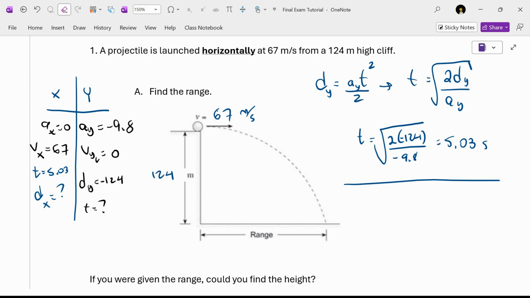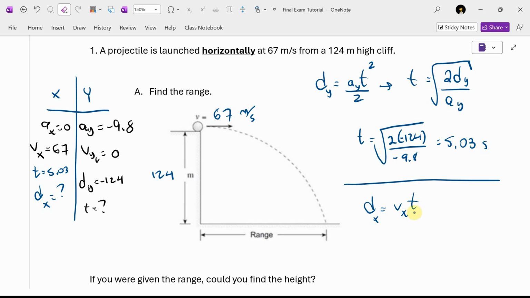Sorry? I think you're right. You trailed off. Yeah, except why can't I just go vxt? Why can't I just do that? Yes, and that's what made the horizontal so much nicer in that your quadratic term, the t squared, vanishes.